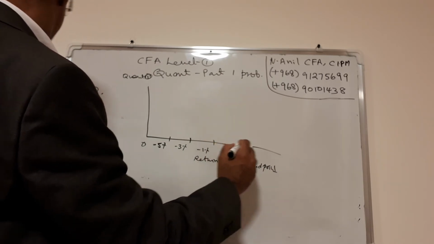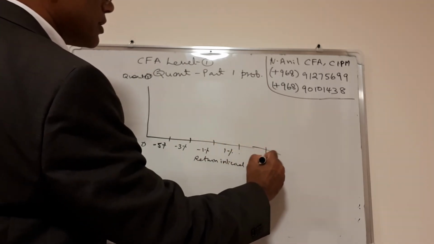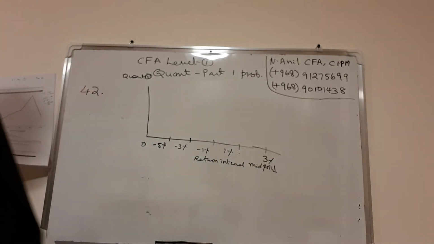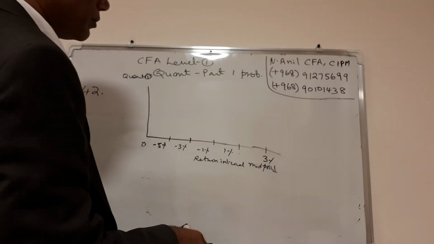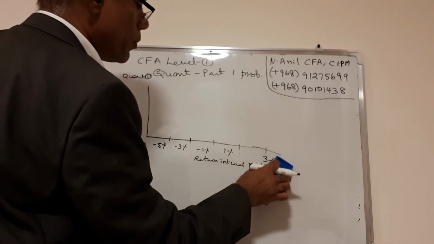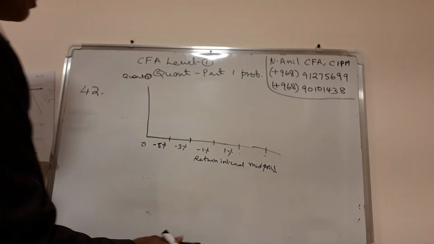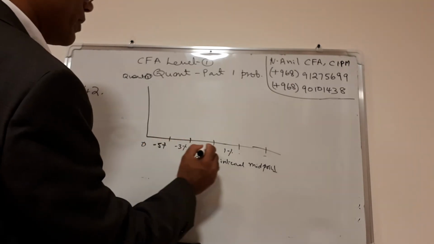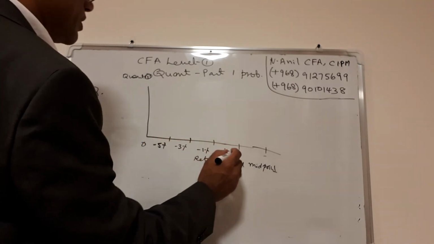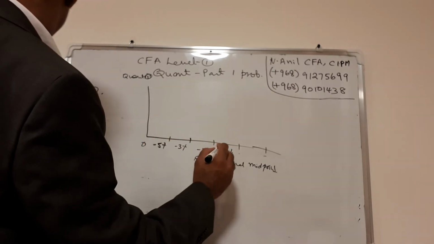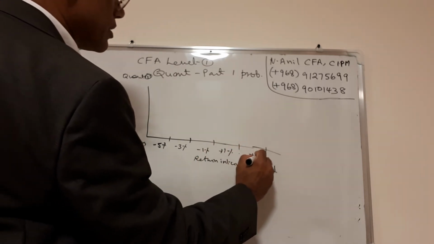Each is shown as the midpoint of the interval, so minus 3, minus 1, 1, and plus 3%.